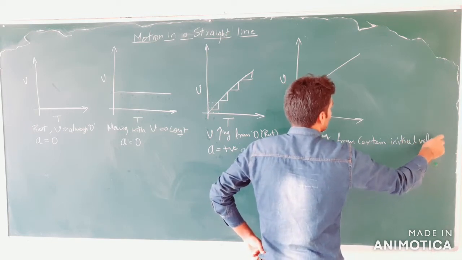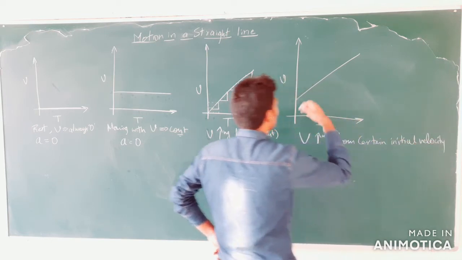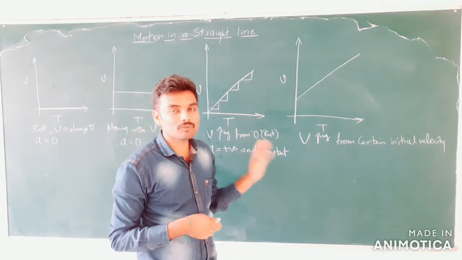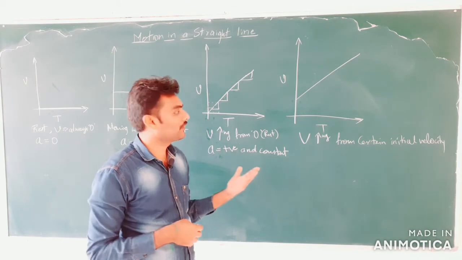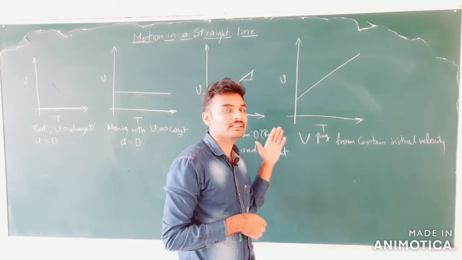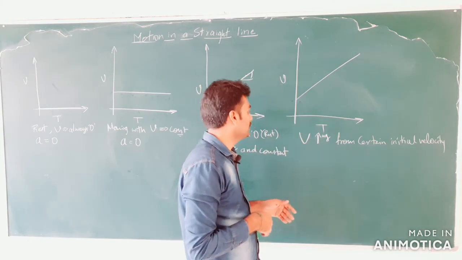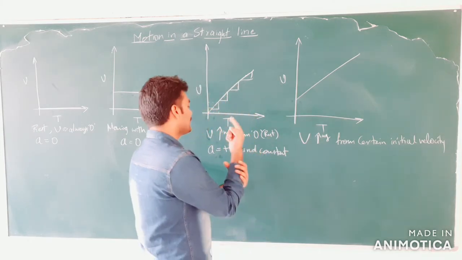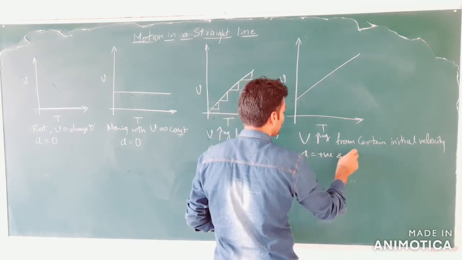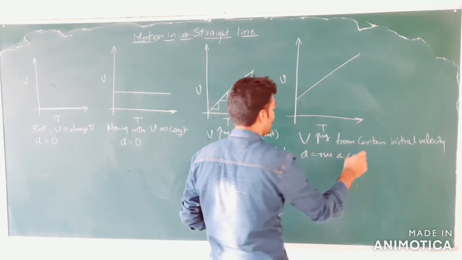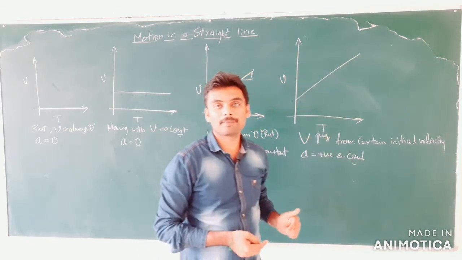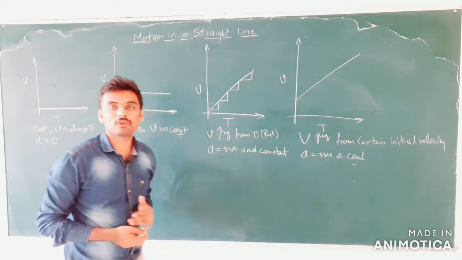It may be any value, as we discussed in the example, but it is not starting its motion from rest. Velocity is increasing and hence acceleration is also positive and constant. Why constant acceleration? Because the slope is not changing. Clear with these 4 graphs?